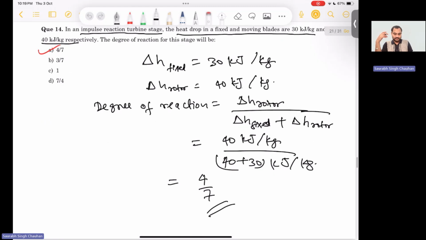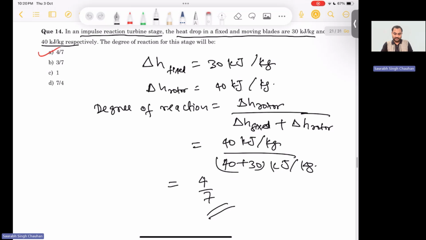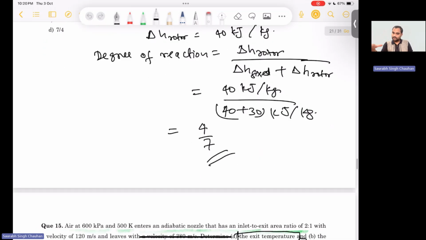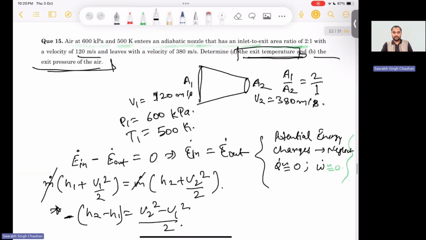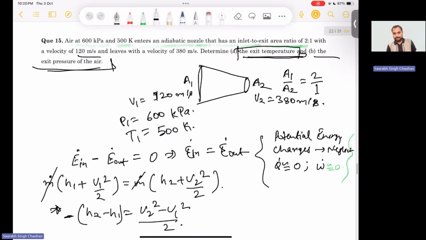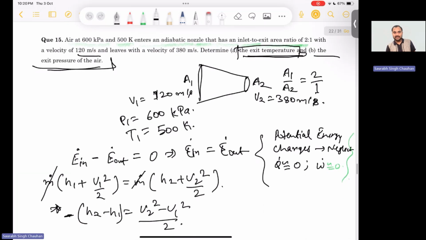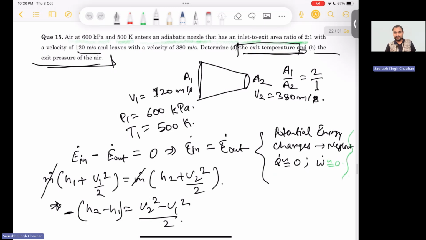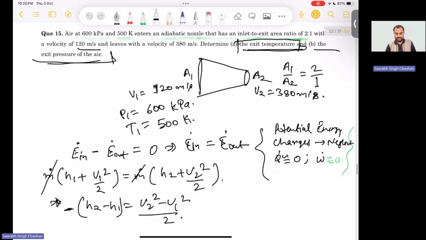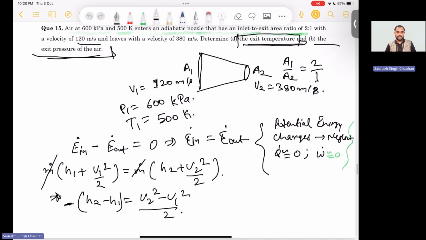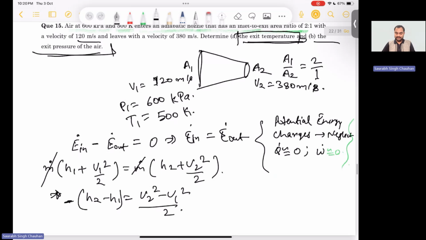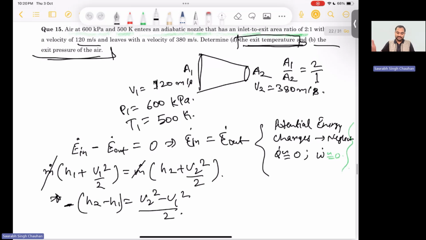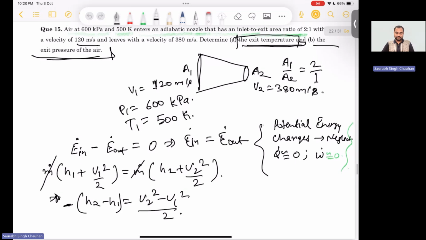and we solved some questions where we had to find the degree of reaction, and we just used the simple formula for the degree of reaction. We solved some problems where the conditions at inlet and outlet were given, and using property tables for air or steam, whatever fluid is used, we can find the required properties, for example exit temperature or exit pressure.